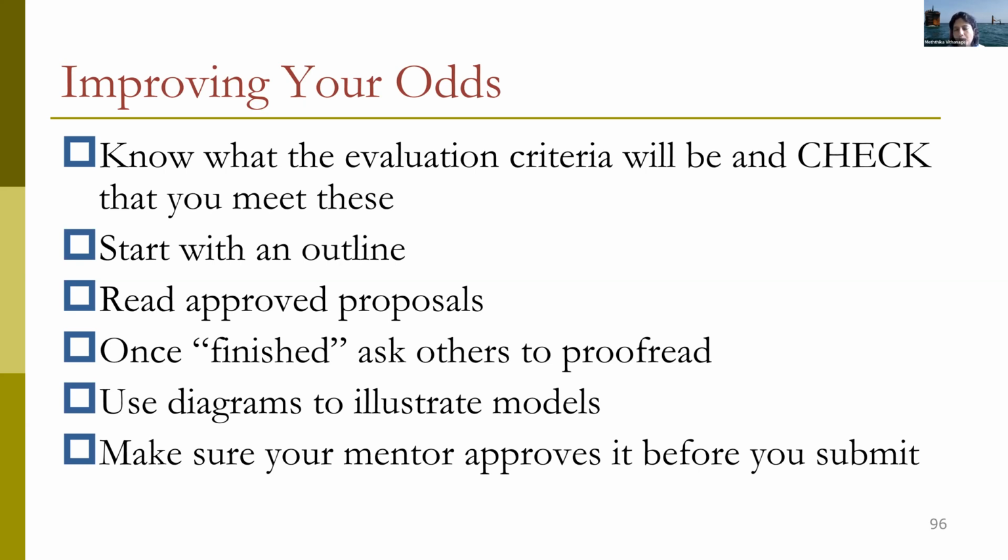Prepare a diagram or model, especially for the methodology. If you can put in a flow chart, it will be very easy for the evaluator to understand that you have thorough knowledge. And make sure the potential supervisor you are discussing the proposal with approves it before you submit it.